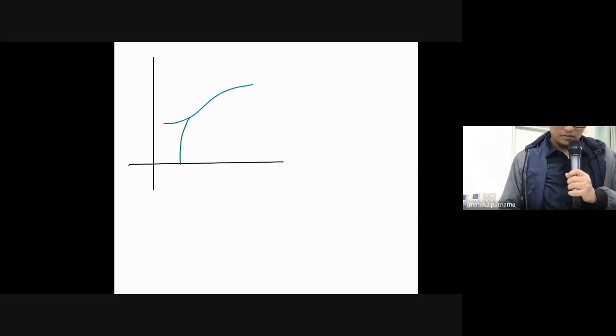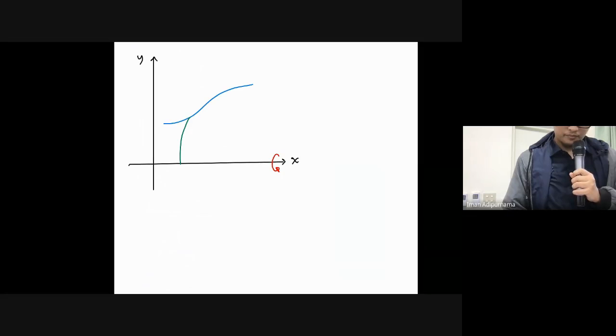So let's say we are rotating through the x-axis. This is x, this is y. So if we are rotating, we will have this kind of shape. This is f(x), and this is dx.